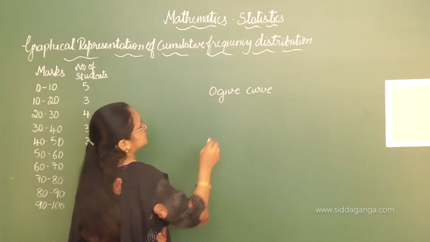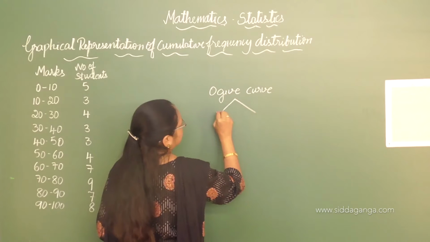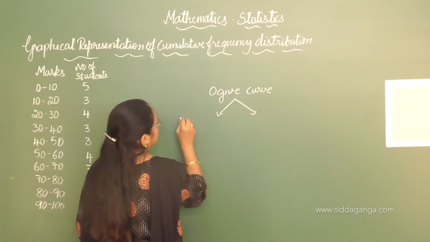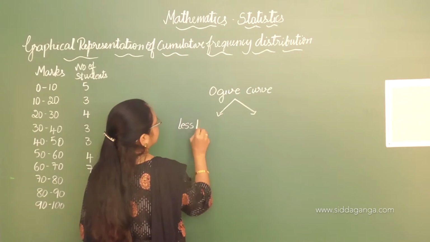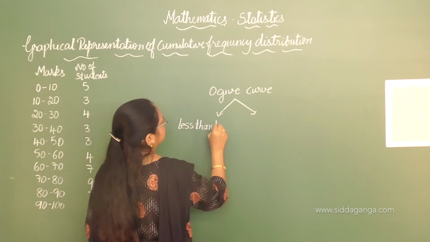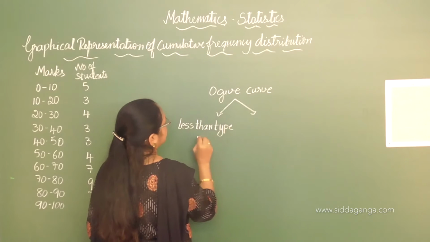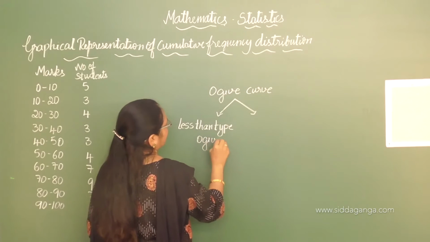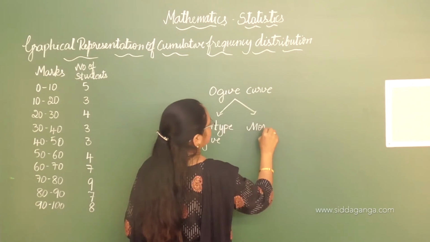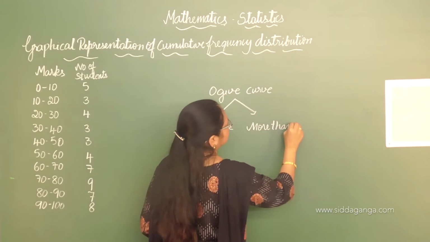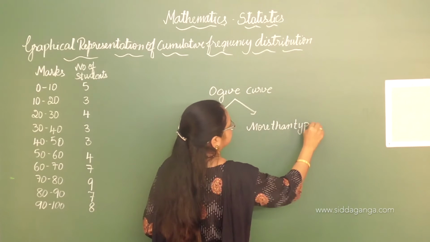Again, in this there are two types. One is the less than type ogive and the other is the more than type ogive.